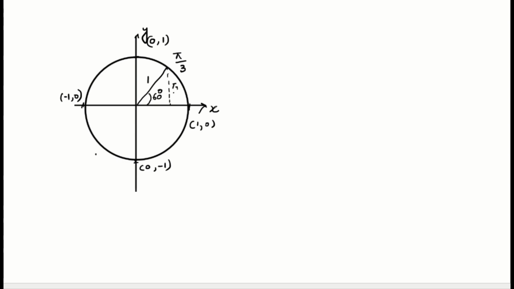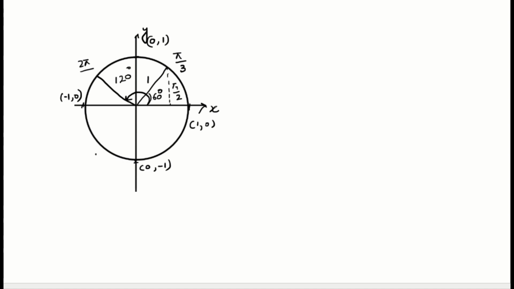So we have another angle, which is 180 minus 60, that will be equal to 120, and in radian we can write it as 2 pi over 3.